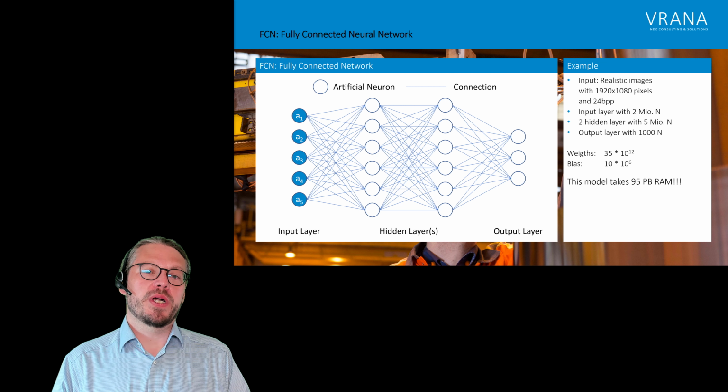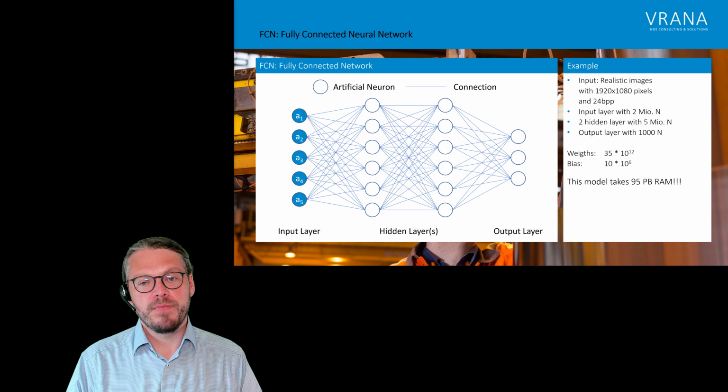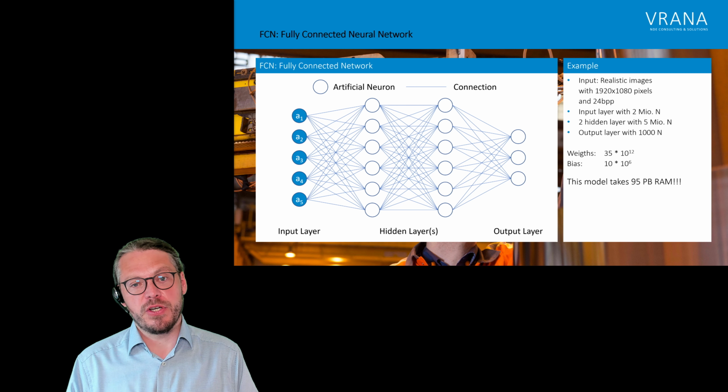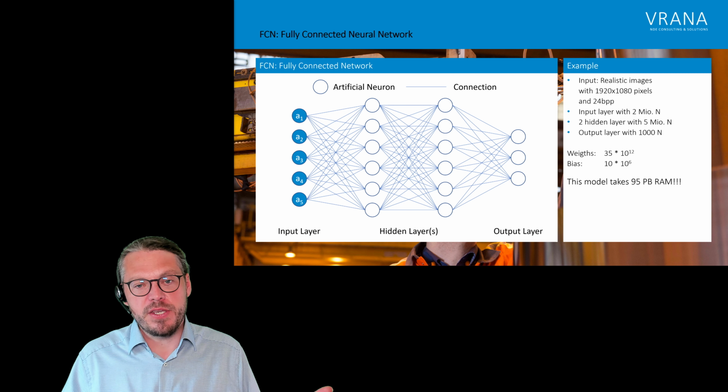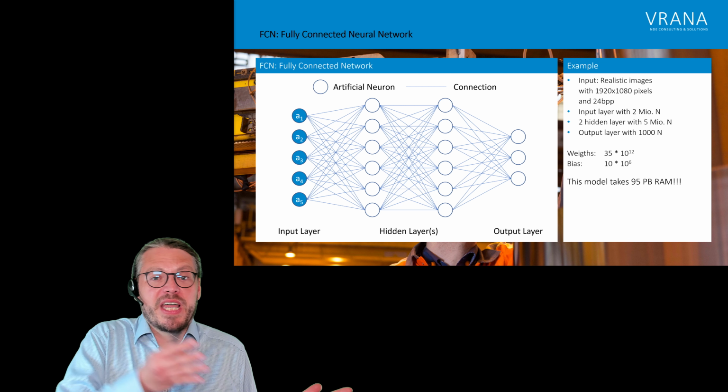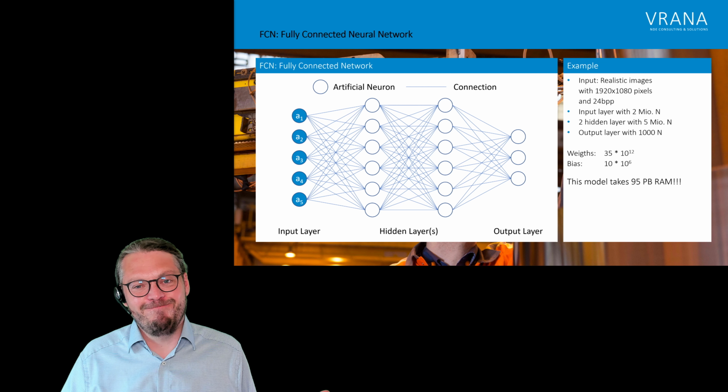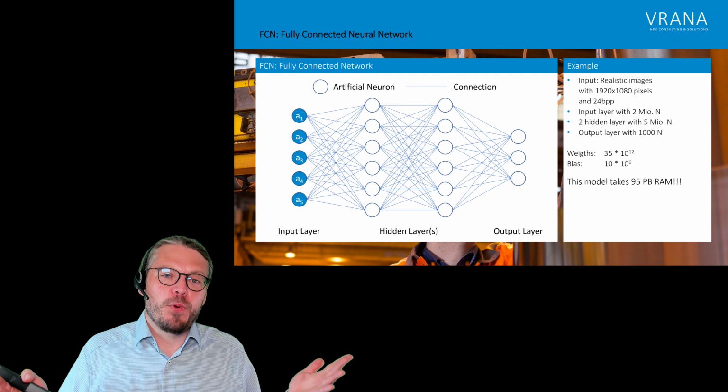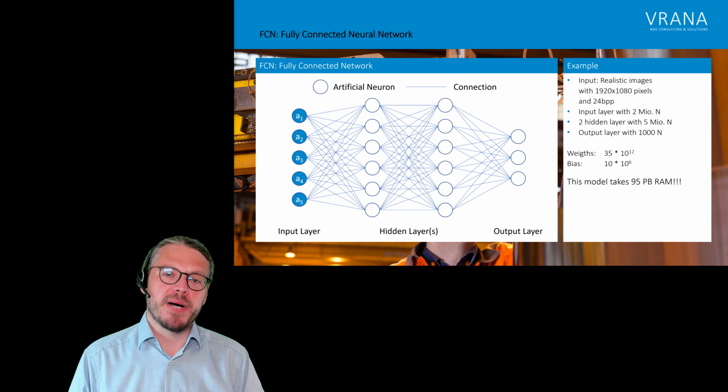And if we want to store that model once we have trained it, if we can train it, because you can imagine for this number of weights, you also need a lot of training data. Once we were capable of training that, then we end up with a model that takes about 95 petabyte of RAM.